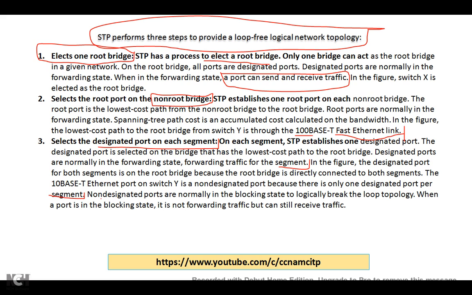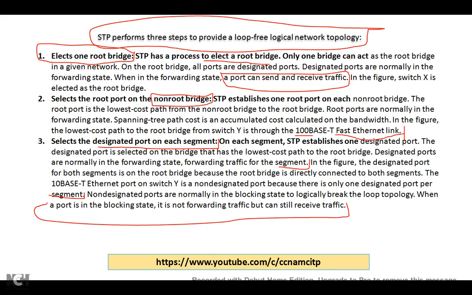Non-designated ports are normally in the blocking state to logically break the loop topology. When a port is in the blocking state, it is not forwarding traffic but can still receive traffic.